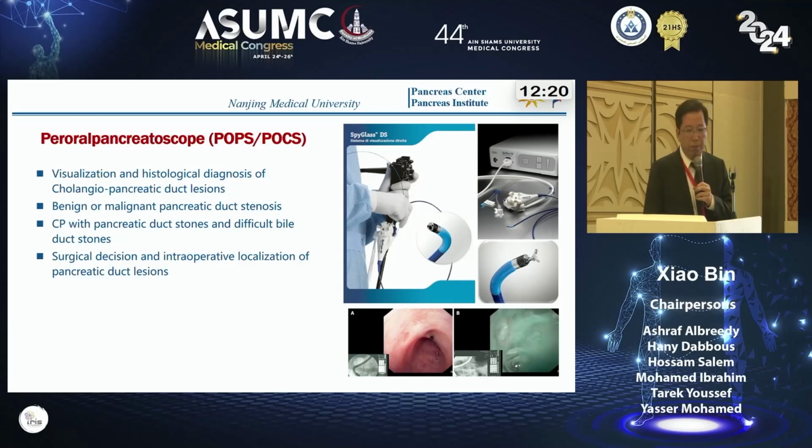The last one is POPS or POCS. This is a very important invention for BD and PD duct diseases. It provides visualization and histological diagnosis of cholangiopancreatic duct lesions, and can also be used for therapeutic applications.